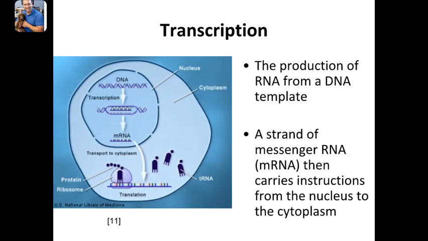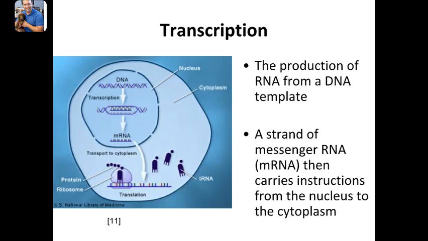There's something called messenger RNA that is going to carry that copy that has been transcribed into the exterior of the nucleus, still within the cell, and it's going to take it into the cytoplasm, and that's where a process called translation occurs. So the steps are the transcription. You take a DNA molecule, you copy it, and then it's called ribonucleic acid.